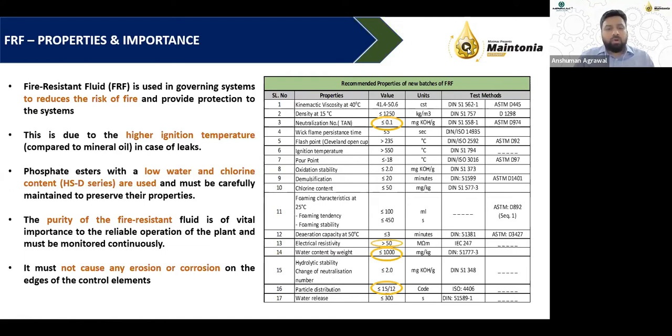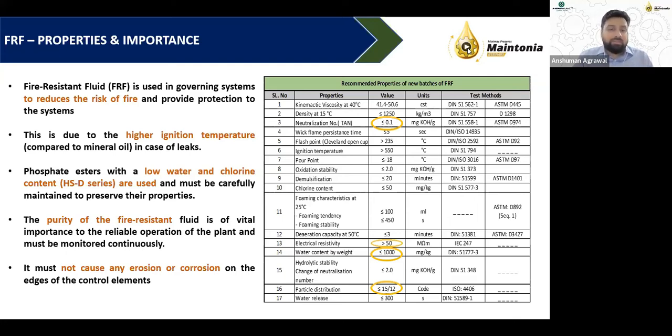Now, there might be a thought that a lot of OEMs do provide certain fuller earth cartridges or absorbing cartridges, which have the property to absorb any moisture content and any acid content from the fluid, and that has been working since long.